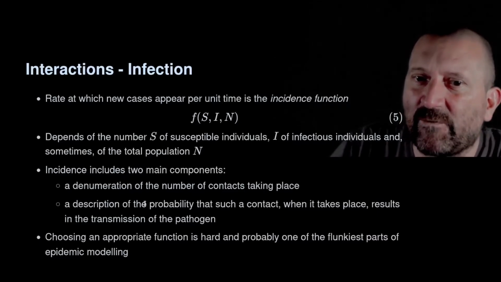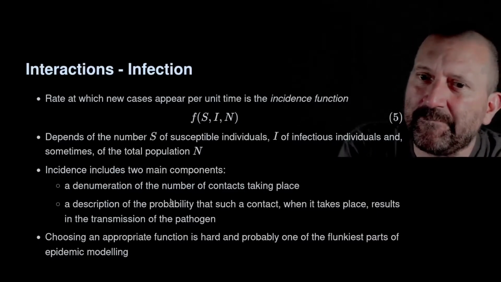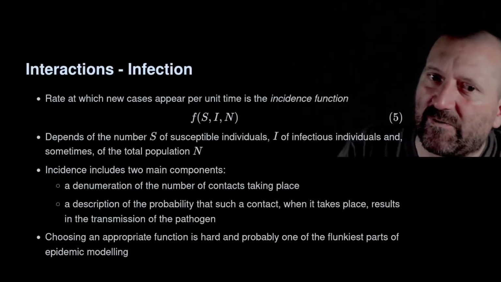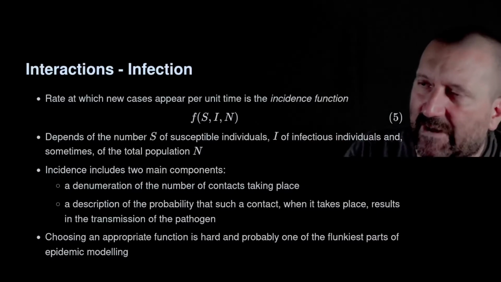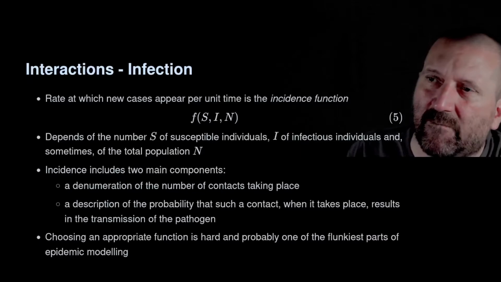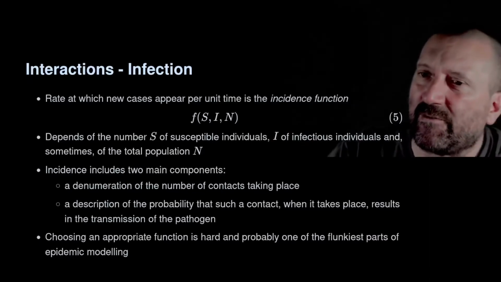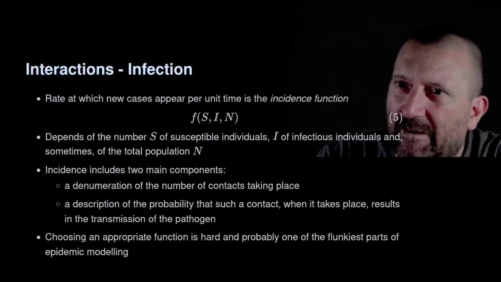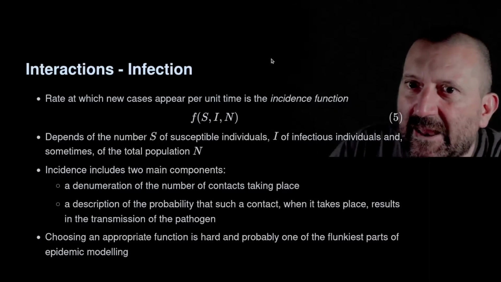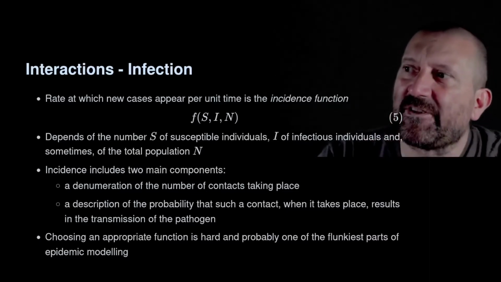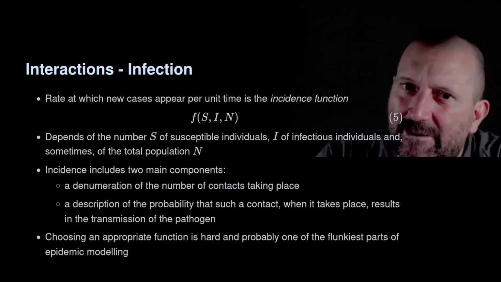Okay, so essentially the two components that are coming in are the number of contacts and the probability that a contact is infected. The product of these two gives you the incidence. And choosing an incidence function is really complicated.